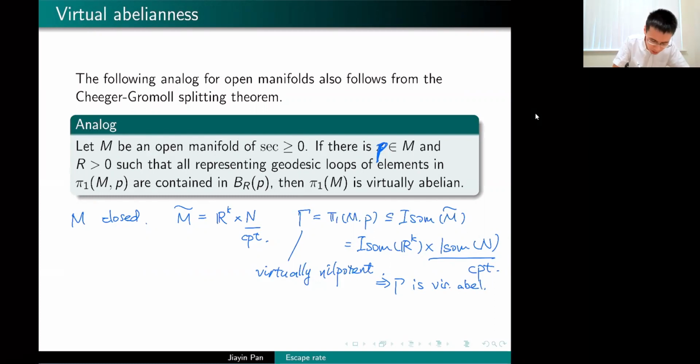So when M is open, then the universal cover may not have this splitting structure as R^k times a compact thing. It could be R^k times a non-compact thing. But if there is a line, we can still split that, so let's say times N, but this N may not be compact.